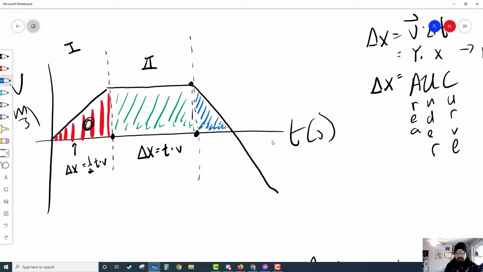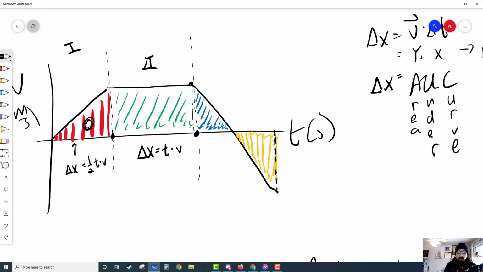So whatever the area is for that triangle, that will give you the displacement for this time portion. And when you go below the x-axis, remember, you're always going to go from the function, the curve, to the 0. Okay, and so you're going to find the area of this triangle right here.